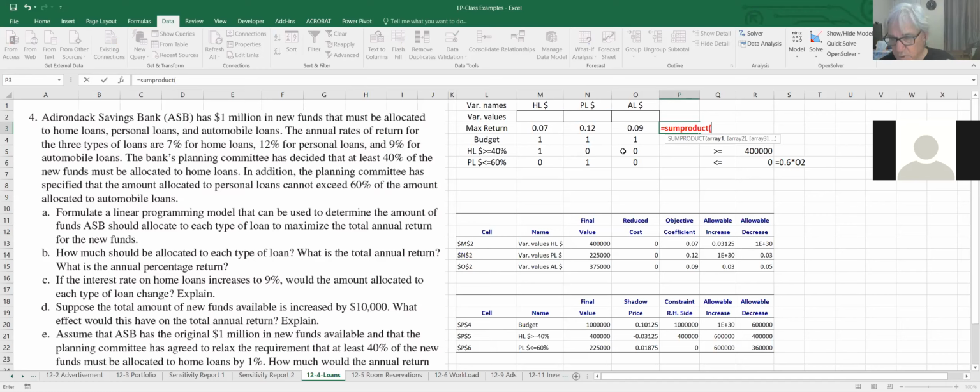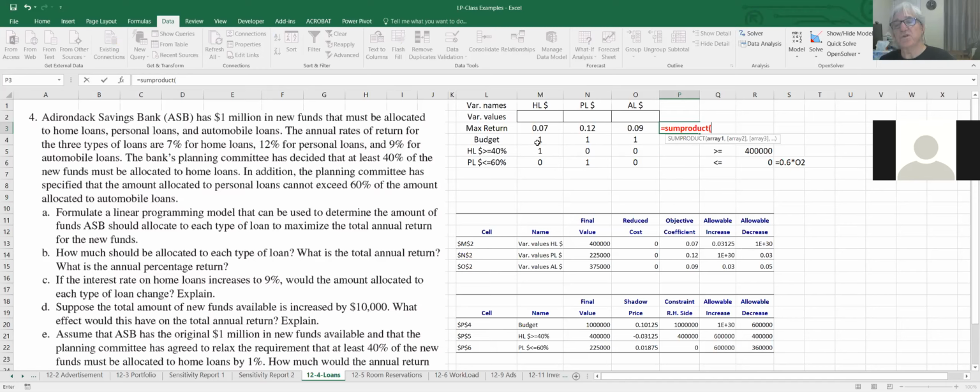It takes all these products and adds them. If it does this, it calculates, as you understand, the total annual return, because the total annual return is the return times the amount plus the return times the amount plus.